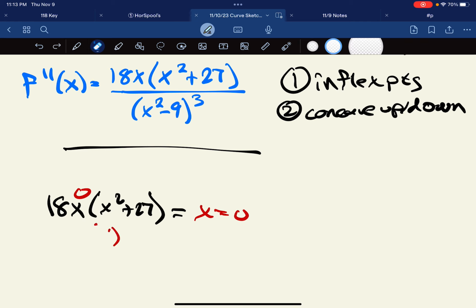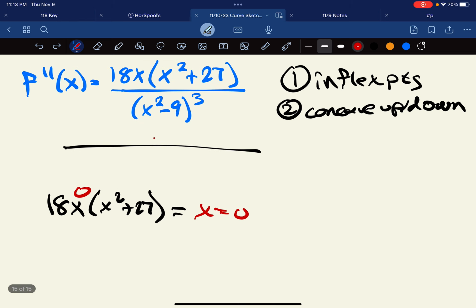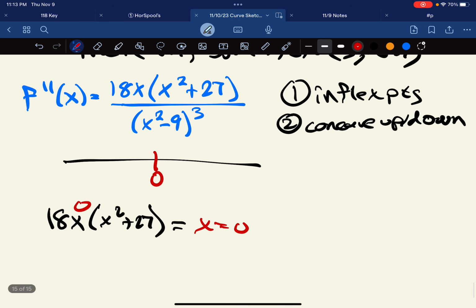So this can never be negative since you have that x squared. Since this can never be negative, it can also never be 0. There's no way for this term inside the parentheses to ever be equal to 0. So we can't get a 0 from that. So the only point, at least from our numerator, is going to be 0.